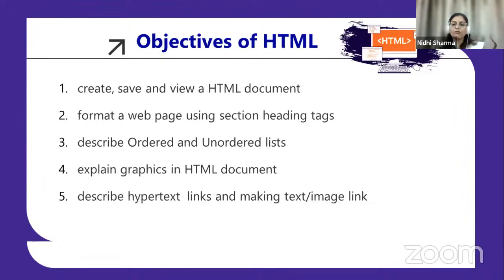So linking of different web pages is done with the help of hyperlinks, and we can make the text a hyperlink, and we can also make an image a hyperlink. Now, when we talk about hyperlinks, it's not necessary that only the text can be used as a hyperlink. We can also use various video links or image links as the hyperlink.